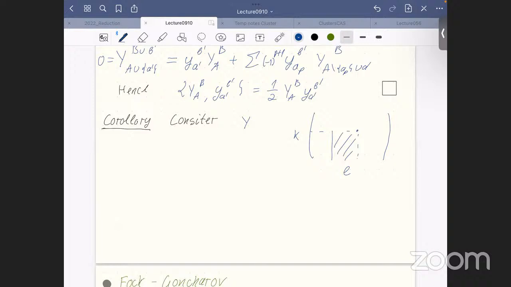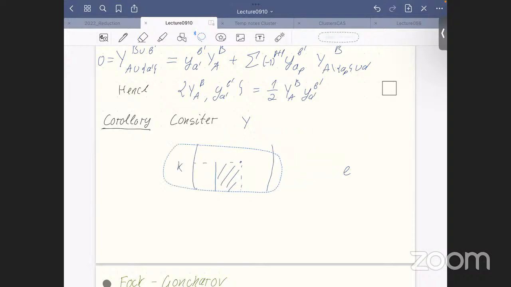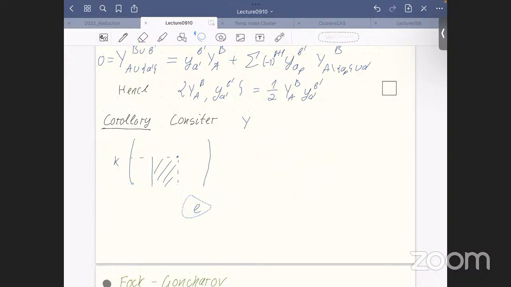So consider y's which have either this form, or it can be that the corresponding rectangle is of this form, this form, or this form.